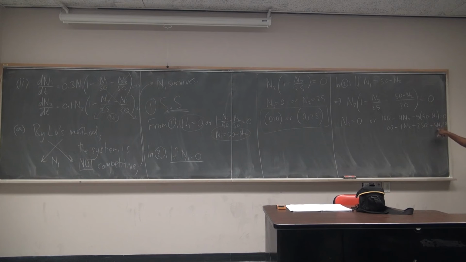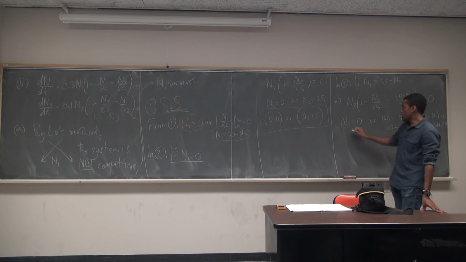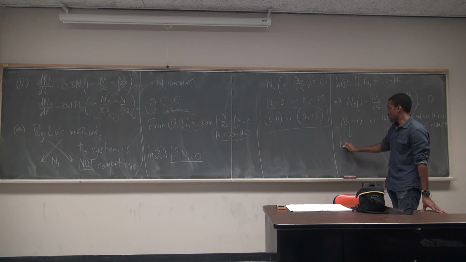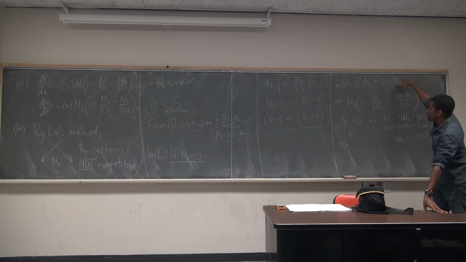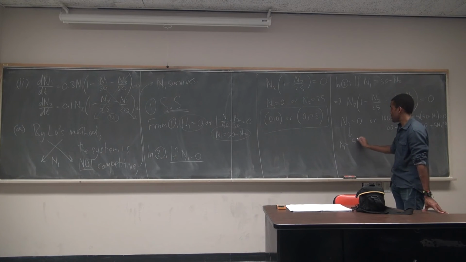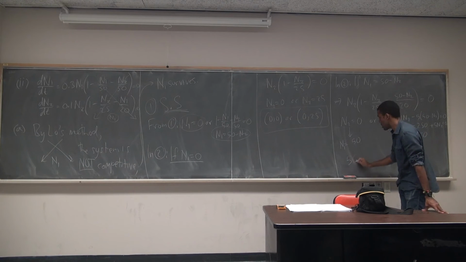So I have 5 n2 minus 4 n2, that just gives me n2. 100 minus 250 gives me minus 150, which I bring to the other side and it becomes positive 150. So in this case, I put it back in here. n2 is 0, so my n1 would be 50, and I end up with (50, 0).